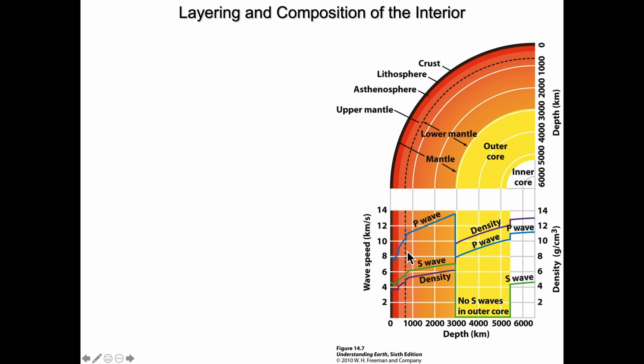So this abrupt increase in wave speed marks the boundary between the asthenosphere and the mantle. Subsequently, traveling into the upper mantle, we hit another boundary where the wave speeds up again, and this is the boundary between the upper mantle and the lower mantle.